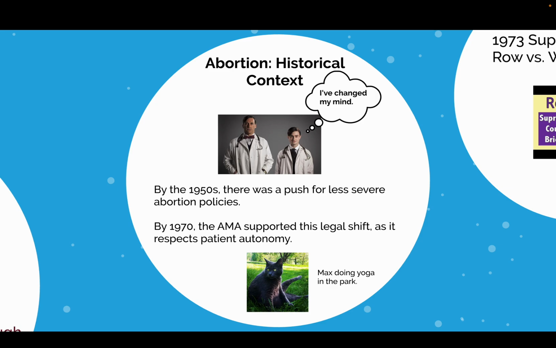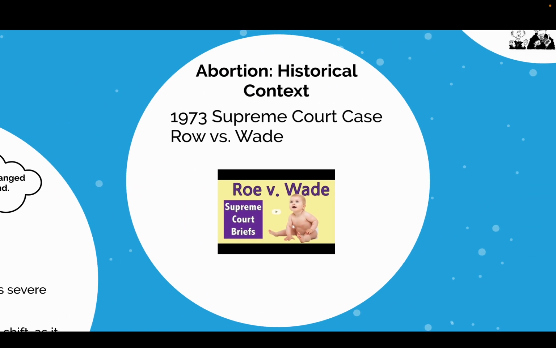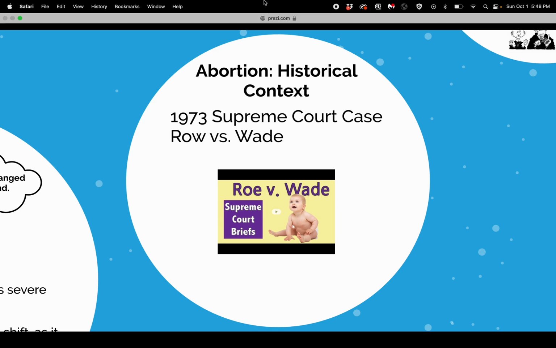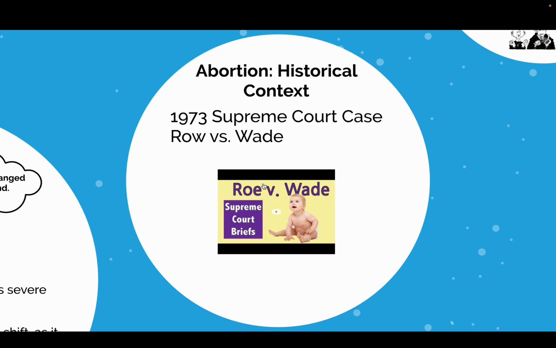So we have 1970, and we have less strict views concerning the termination of a pregnancy. And then we fast forward to 1973, and we have the seminal case of Roe v. Wade. And so hopefully this video will play, but I do want to discuss the history of Roe v.